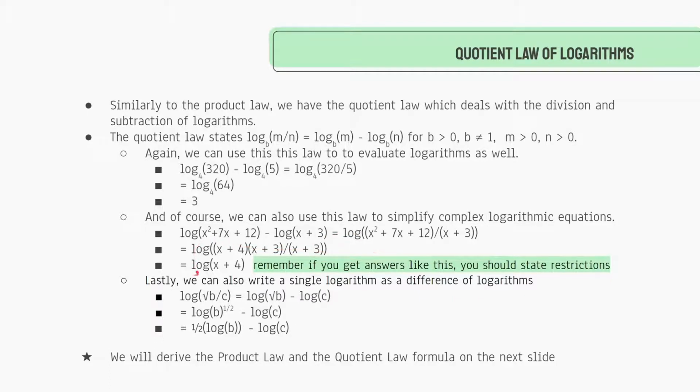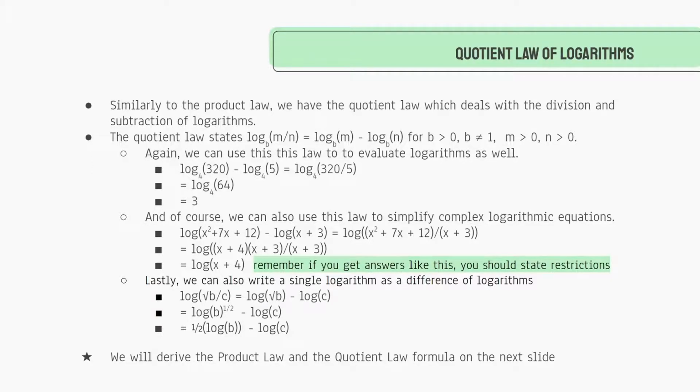And for this expression here, we know that x has to be greater than or equal to -4, but x also cannot equal -3 because it's not defined for that region. Again, this should be fairly familiar to you because we've already gone over this.